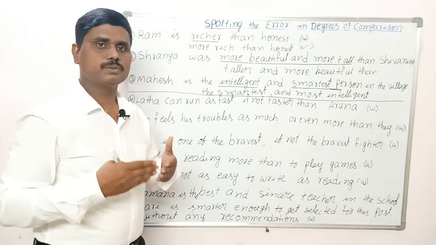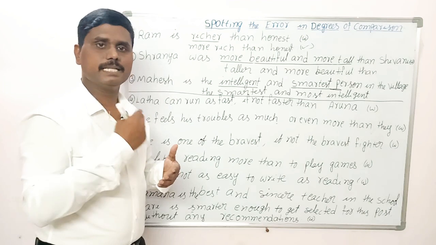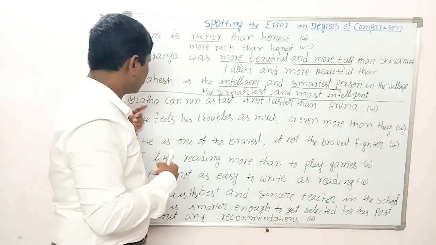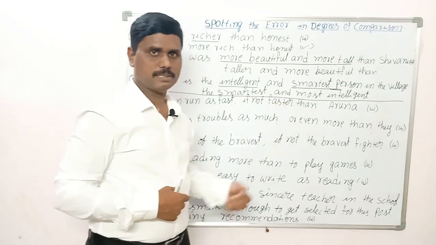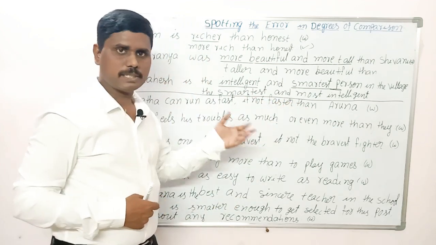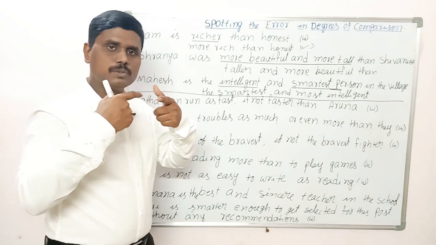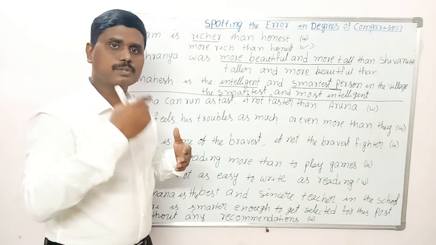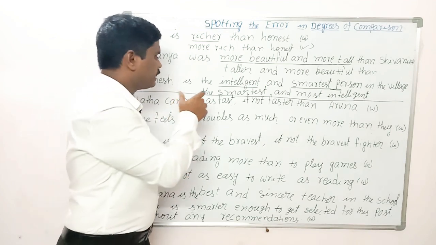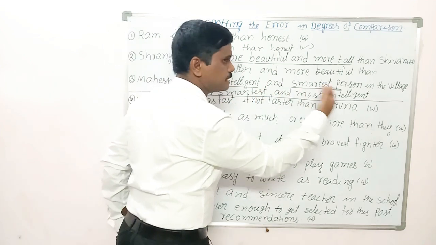If we want to include more than one degree in one sentence, this is a totally single sentence. This is positive degree, this is comparative degree. For example, superlative, positive, comparative. In this way, when we want to include 2 degrees in one sentence, we have to express the 1 degree perfectly, then only we go to the next degree.